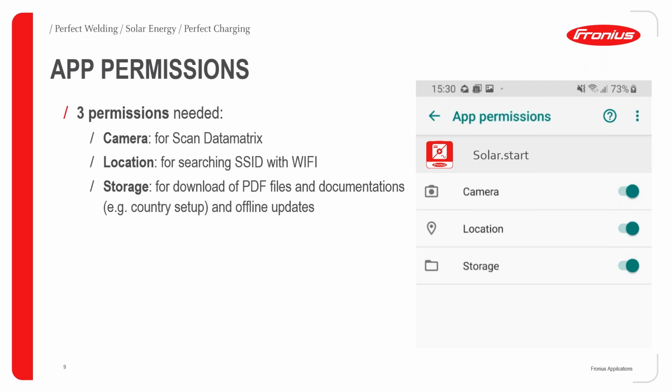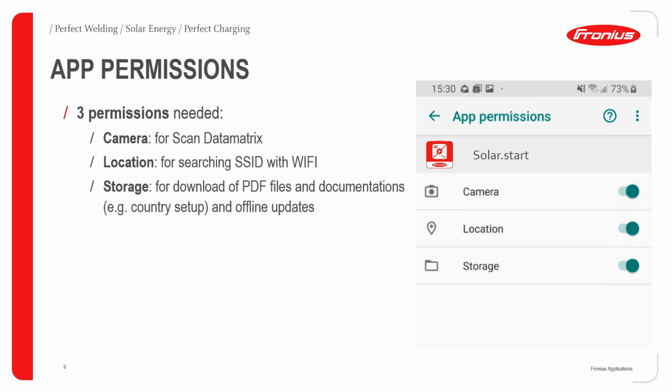And then it needs to access the storage of the device, the mobile phone, because if you want to download PDF files or any documentation, for example, if you want to submit the country setup grid settings to your grid owner, you can go and download the country setup. In this, you can find all the information like disconnection or connection limits for the voltage inner limit, outer limit, or grid fail disconnection limits.